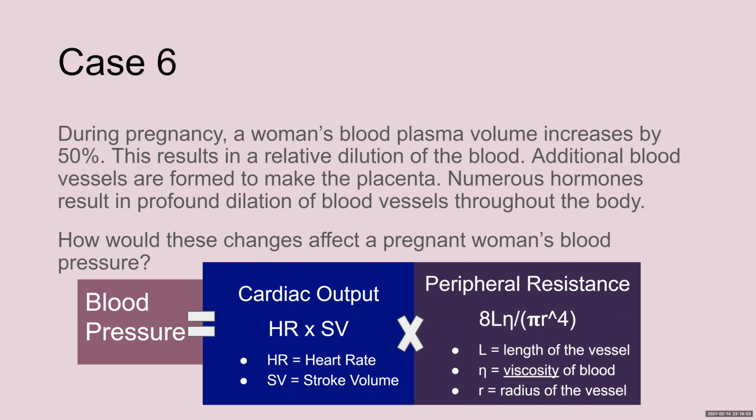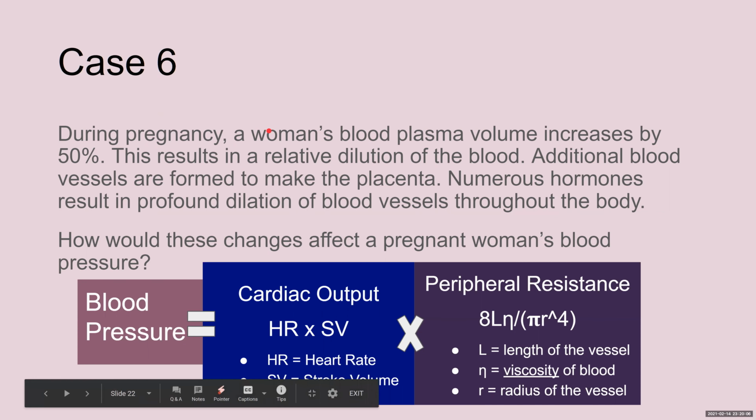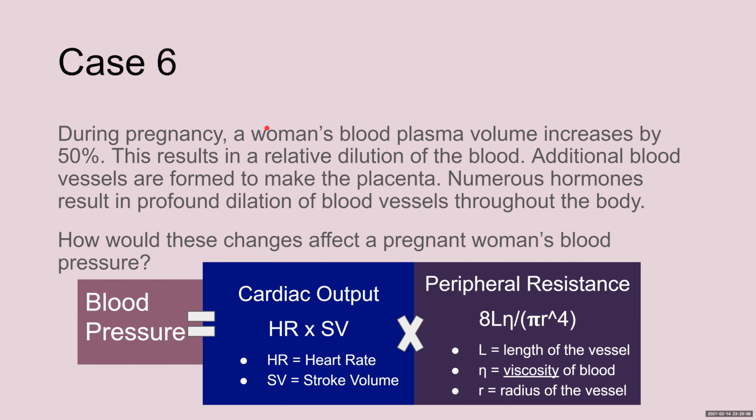So during pregnancy, a woman's blood plasma volume increases by 50%. This is true. So the volume just increased. Which one did we increase? Stroke volume, right? This results in a relative dilution of the blood. Think of what we just affected and in which direction. Additional blood vessels are formed to make the placenta. Now, which factor am I talking about?